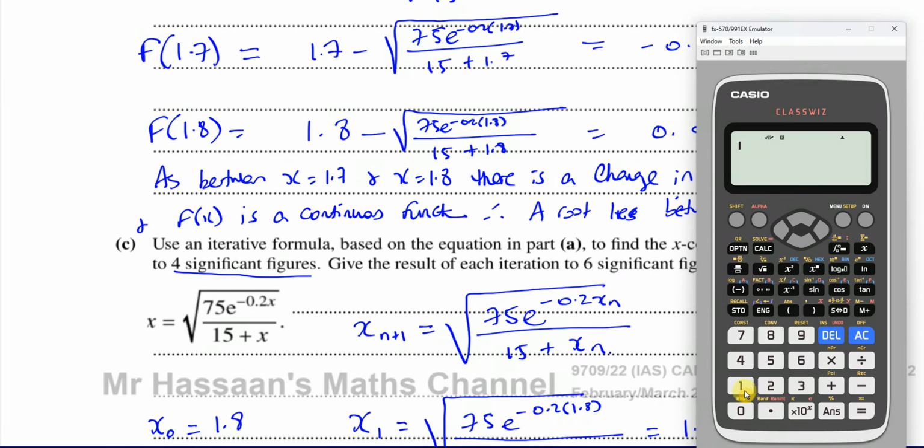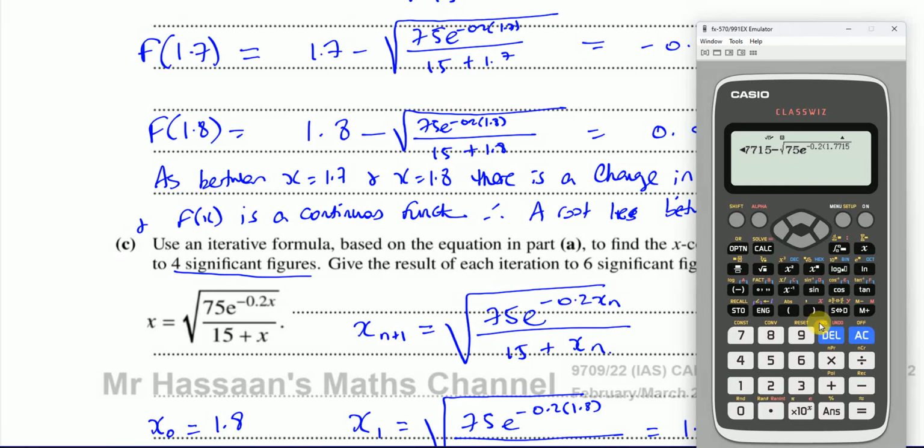So we have 1.7715 minus the square root of 75 times e to the power of negative 0.2 times 1.7715.